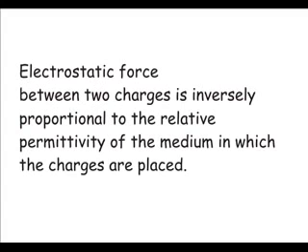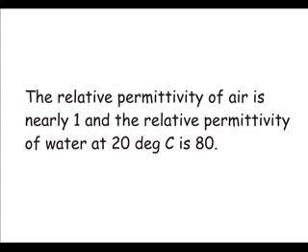So it is clear that the electrostatic force between two charges is inversely proportional to the relative permittivity of the medium in which the charges are placed. The ionization process can easily be explained by the relative permittivity of the medium. The relative permittivity of air is nearly 1 and the relative permittivity of water at 20 degrees Celsius is 80.